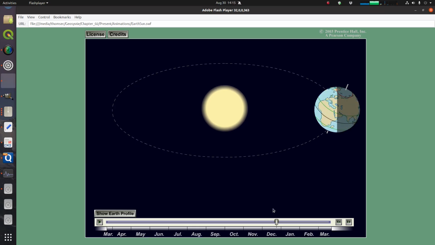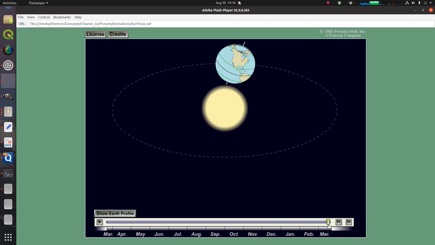We'll talk about that when we get to the chapter on glaciers and climate change. It's important in long-term Earth cycles, but in the short term, it takes 26,000 years to go through a full cycle, so it's not important for today. Axial precession is incredibly important, though. So Earth's axis is always tilting 23.5 degrees as Earth revolves around the sun.